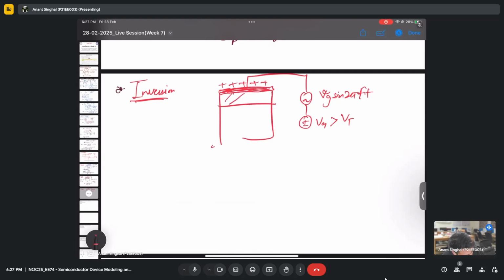We have an insulator, and with that a lot of electrons in the inversion layer. So this again acts like a positive to negative COX, and this is like a metal layer only, because we have a lot of electrons present at the semiconductor oxide interface. So this is equivalent to nothing but COX.